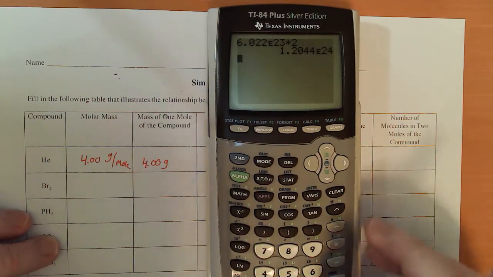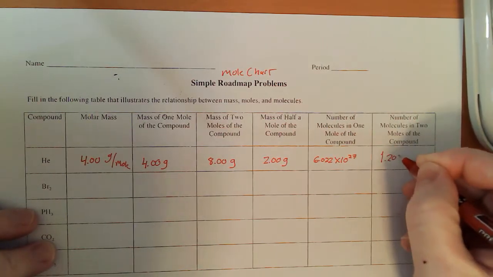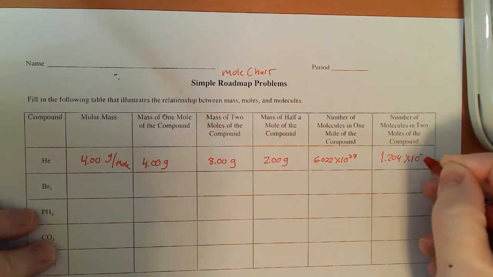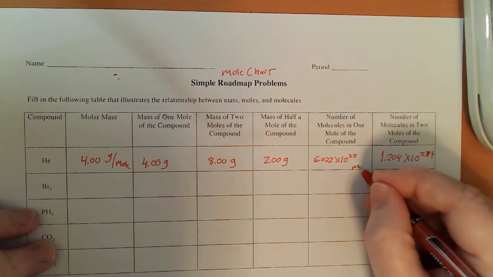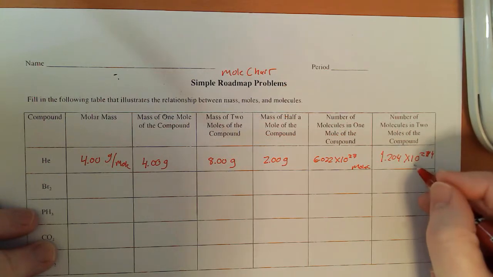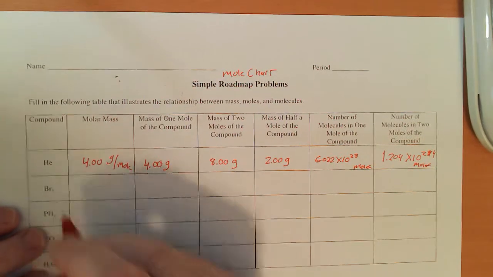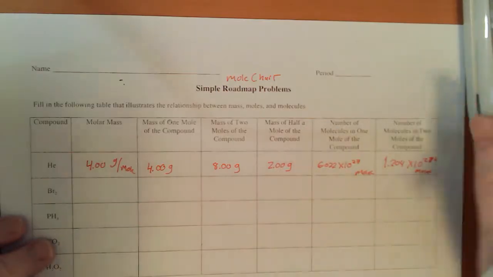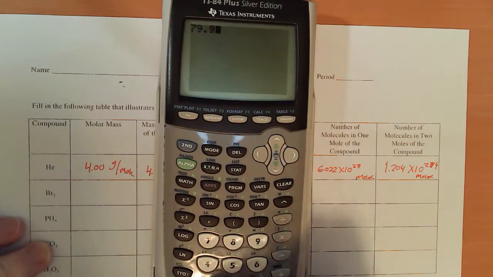And that gives me 1.204 times 10 to the 24th, and that's molecules.